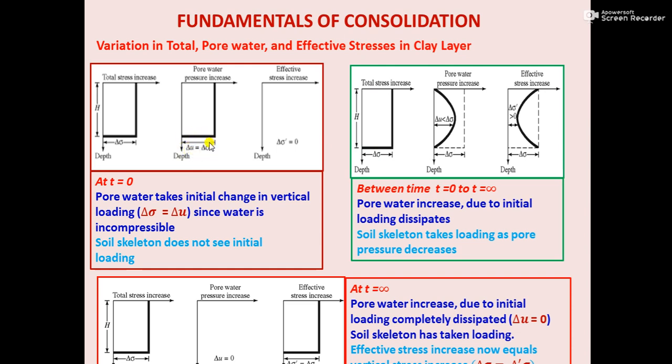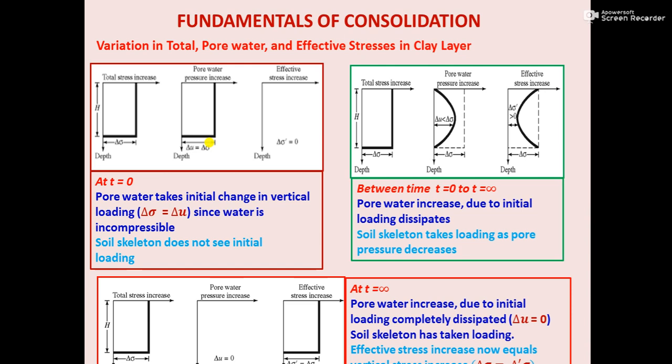Gradually, pore water will try to dissipate from the soil. Dissipate means it will try to move away from the soil. Okay. So when it will move away from the soil, what it will do? It will release its stress, and who will take up that stress? The soil mass will be taking up that stress.